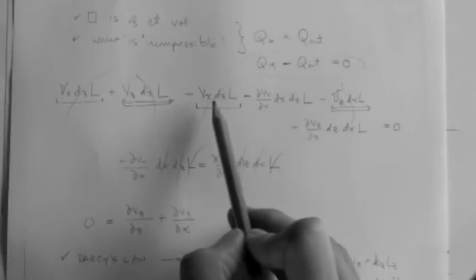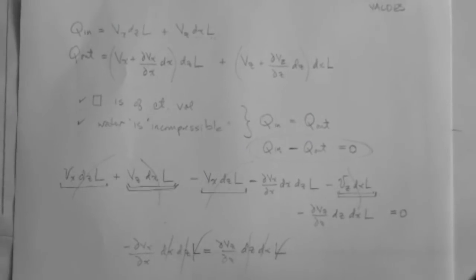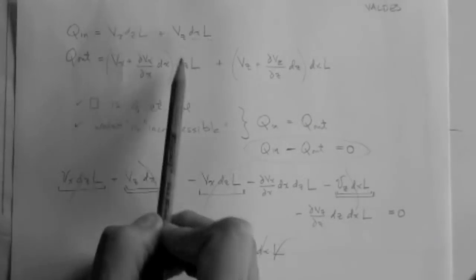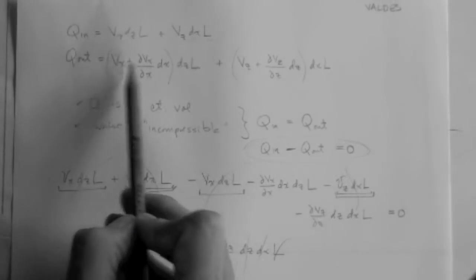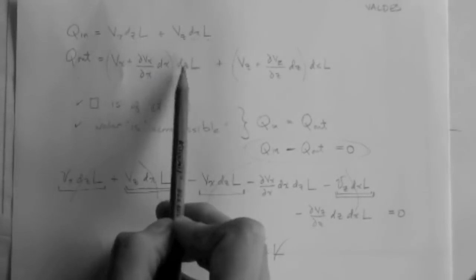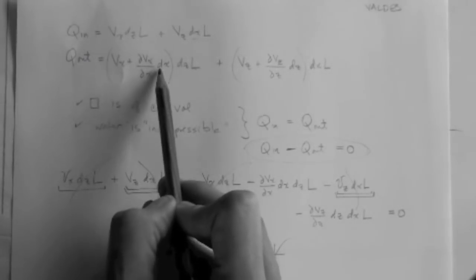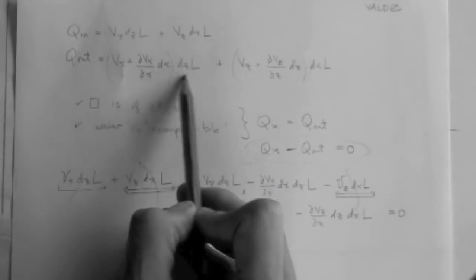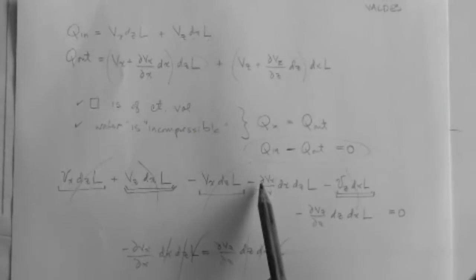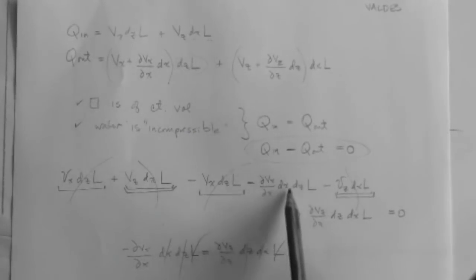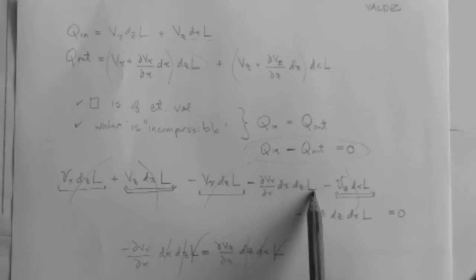Now, let's look at these first 2 terms. I'm going to drop this down a little bit. Essentially what I've done here is I basically expanded this. So Vx dzL, and then dVx/dx dx dzL, because you have to multiply this one times this one and this one times this one. So this one times this one is dVx/dx dx dzL.